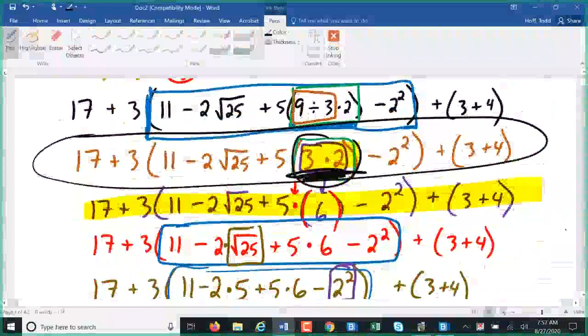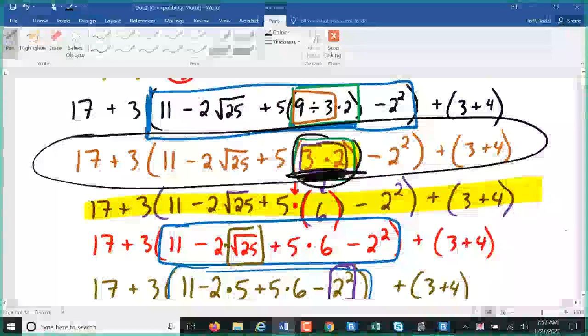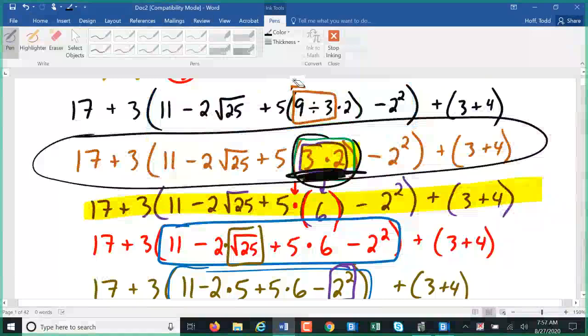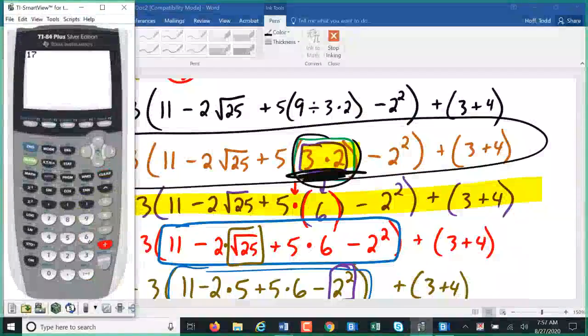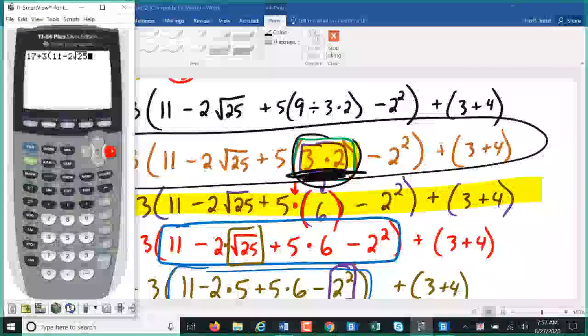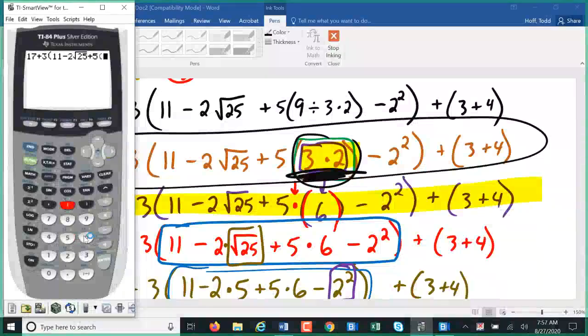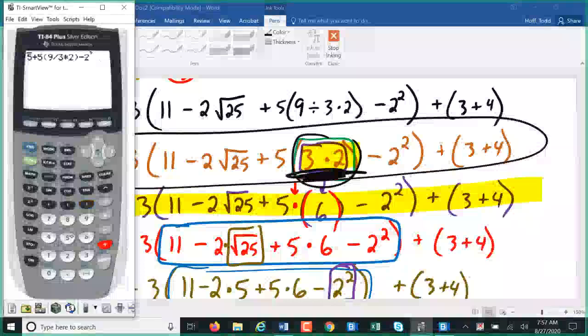I could actually punch that problem into my calculator the way it is written there, as long as I'm careful not to miss anything. And the calculator will do it correctly. 17 plus 3, parentheses, 11 minus 2, square root of 25, plus 5, parentheses, 9 divided by 3, times 2, close parentheses, minus 2 squared, close parentheses, plus parentheses 3 plus 4.